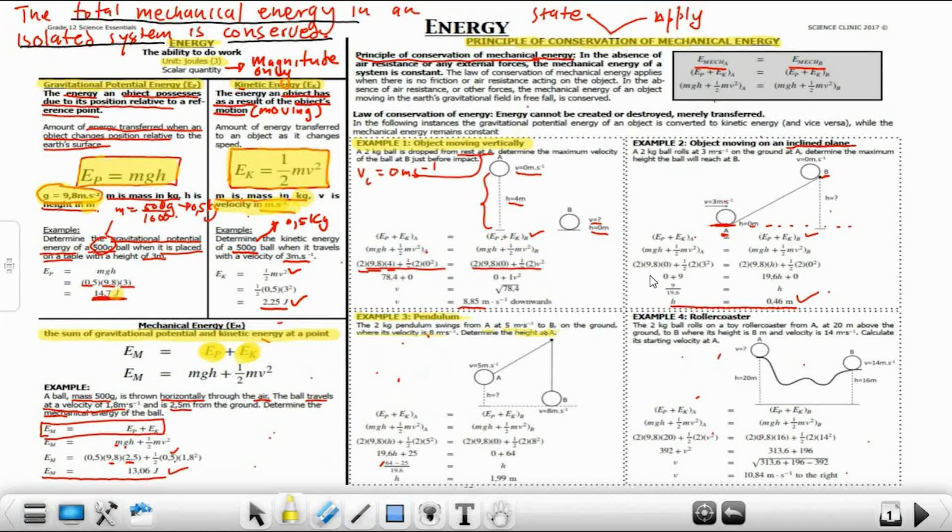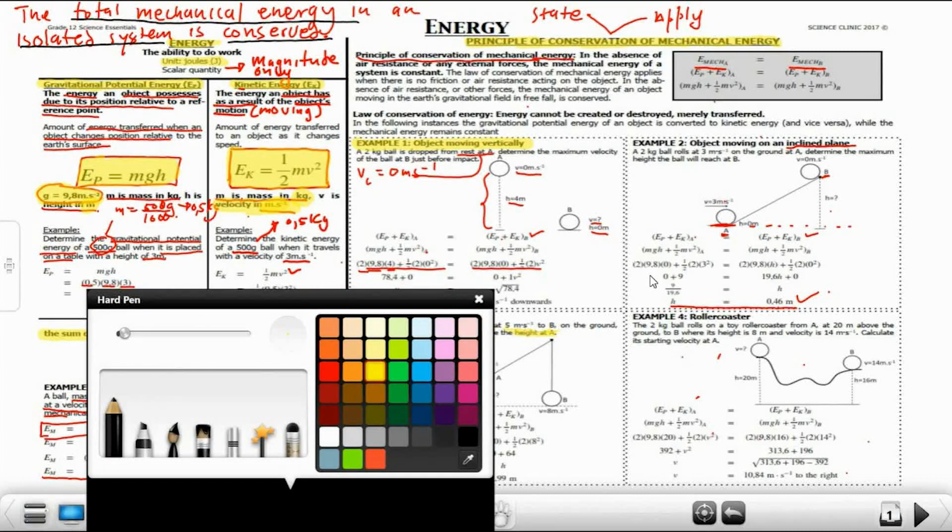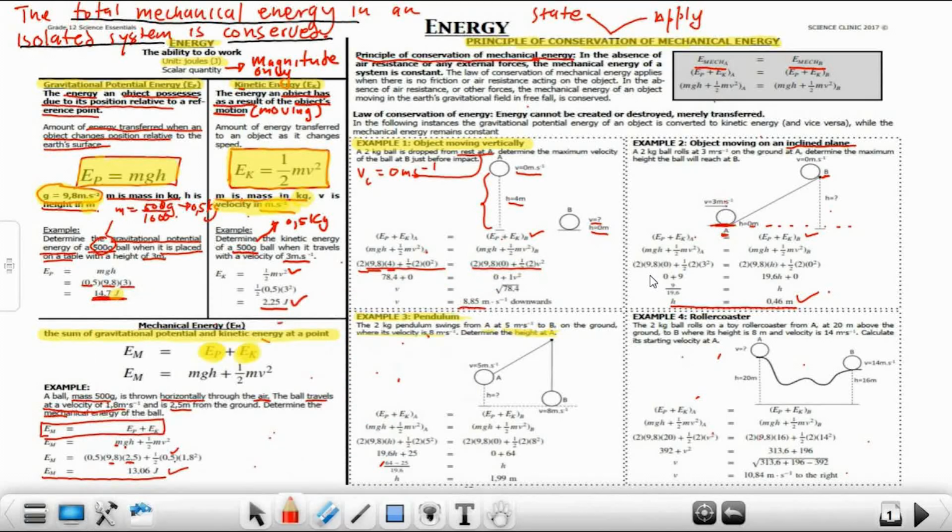Determine the height at A. Now look into this. With this, we also start with our conservation of mechanical energy. So that is the pattern. You must always start with the conservation of mechanical energy.